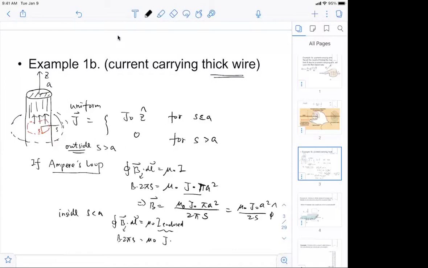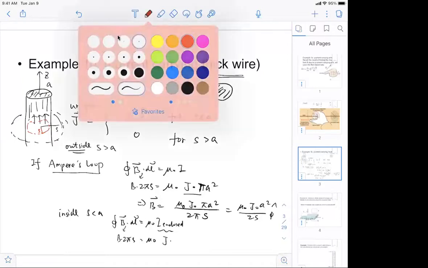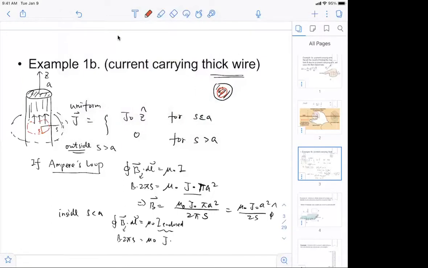Hoying says it's pi s squared. Very good. So instead of enclosing the entire cross section, now you're just enclosing part of that. This part is pi s squared instead of all the area, pi a squared. So you can see it's very similar to the Gauss's law example we did with a solid sphere.